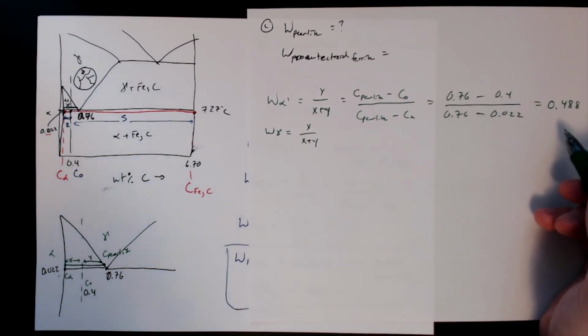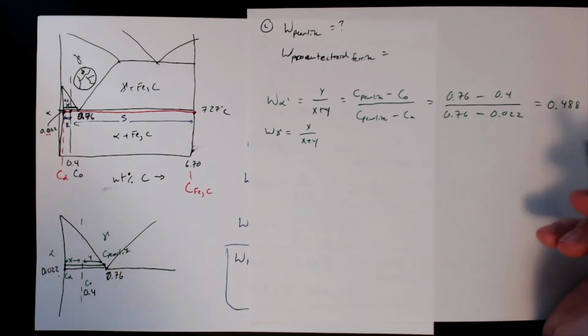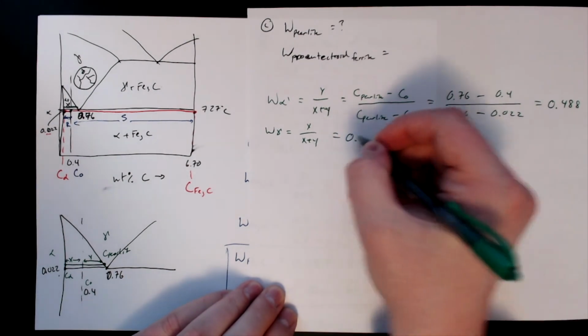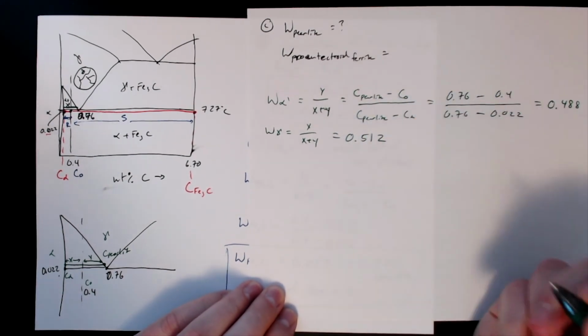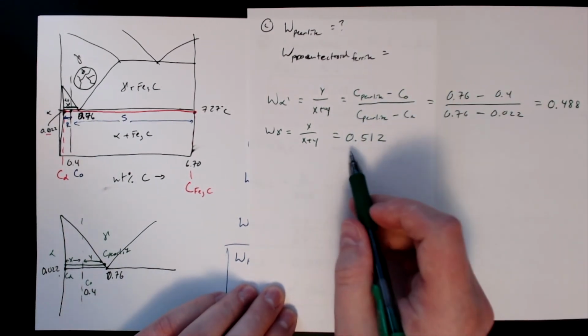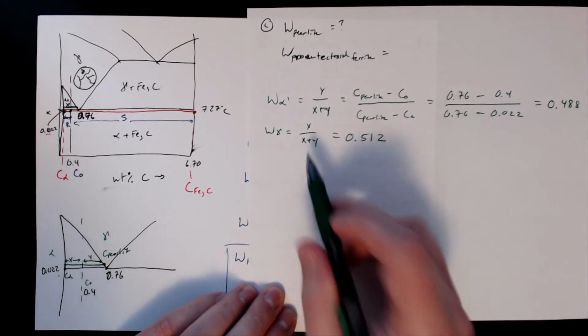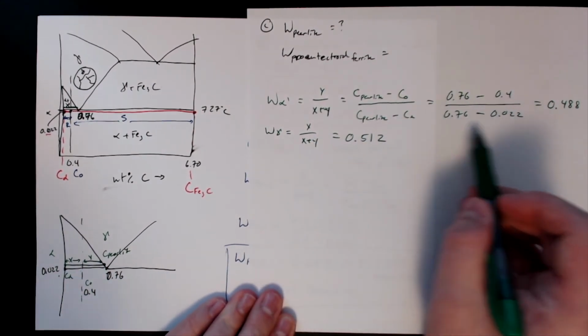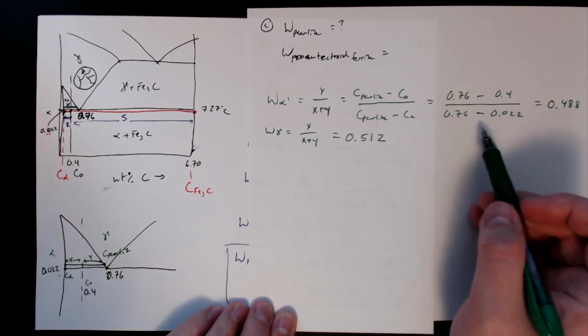So 48.8%. And then if I do the same thing for this one, it should be 0.512 for the remaining amount of gamma, because I would have X, which would be C naught minus C alpha, over the same thing that we had here, right?